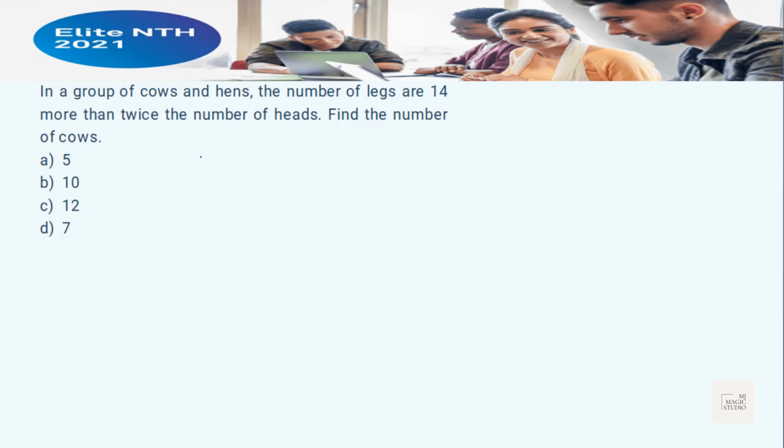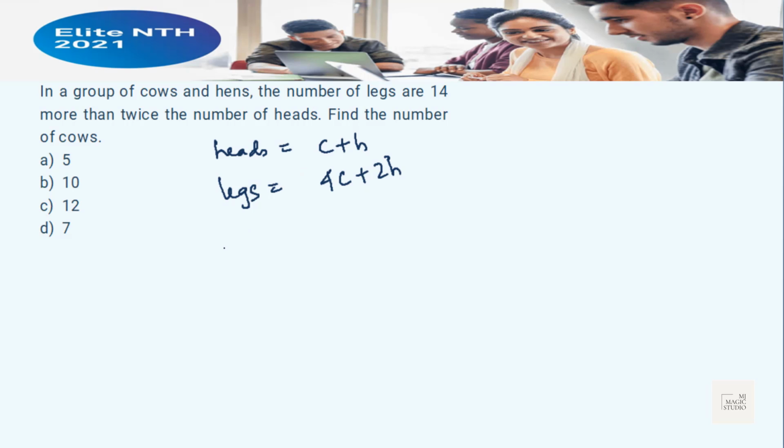In a group of cows and hens, the number of legs is 14 more than twice the number of heads. Okay, so let there be C number of cows and H number of hens. The number of heads is C plus H, and the number of legs would be 4C plus 2H, because a cow is a four-legged animal and a hen is two-legged.